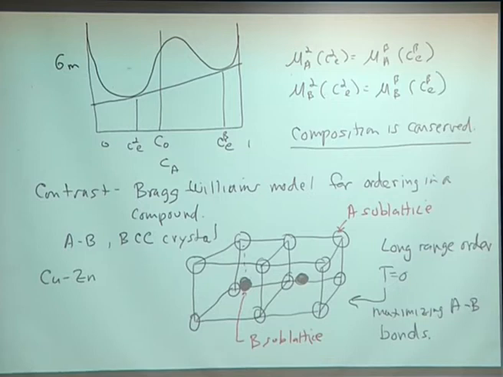And some of the B atoms end up on the A sublattice, or vice versa. Okay? And at very, very high temperatures, everything is completely disordered and everything is random. So you don't have any ordering left in the system. And so you again have this interplay between entropy and enthalpy. Enthalpy meaning the bonds, entropy meaning the disorder in the system.